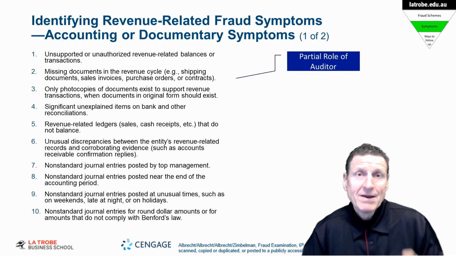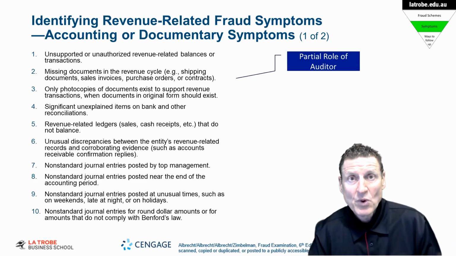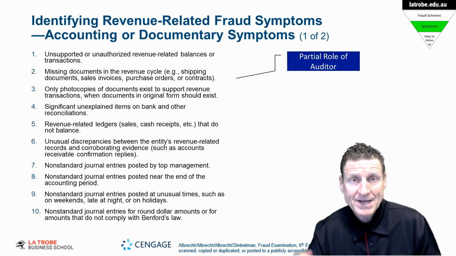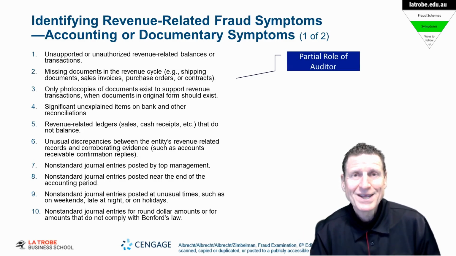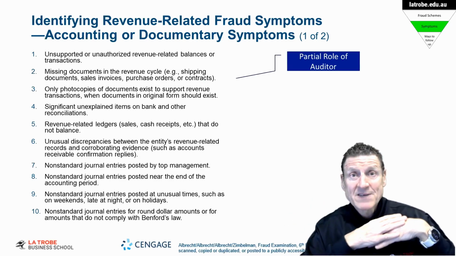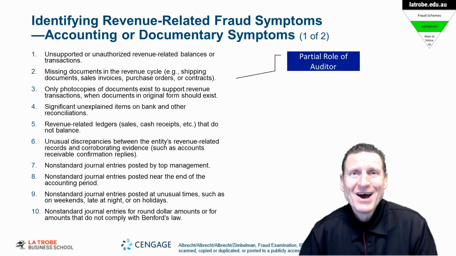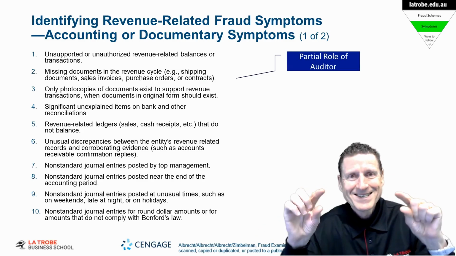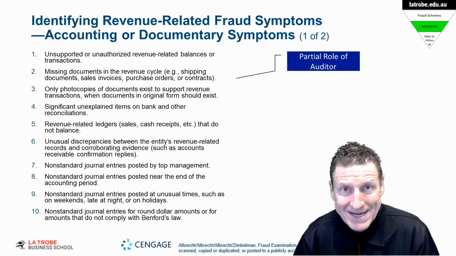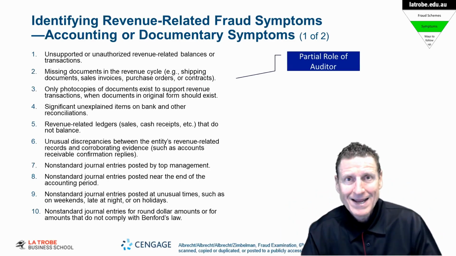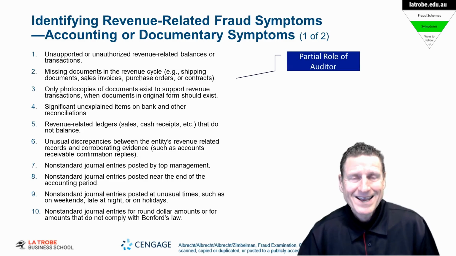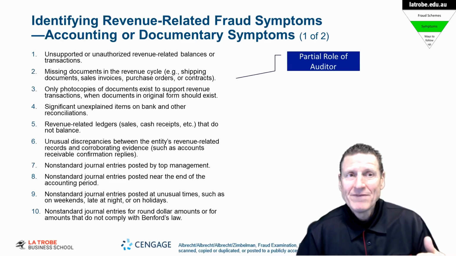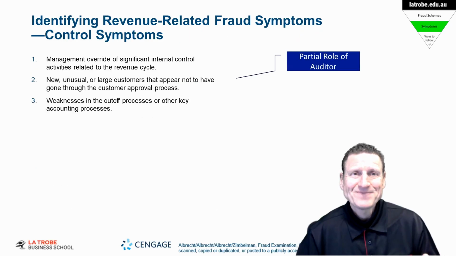As an auditor, you may be doing sampling, but as a fraud investigator, when you've got a hunch that there's something bad going down at the company, then you have a right to ask for everything. Okay. Remember, your salary is going to be big. Remember, fraud investigators are expensive when there's an alleged fraud taking place. All right. That's an example of what we mean by looking for documentary symptoms.